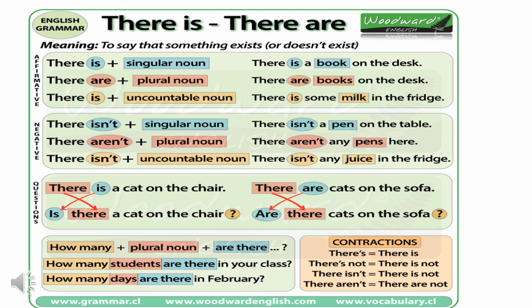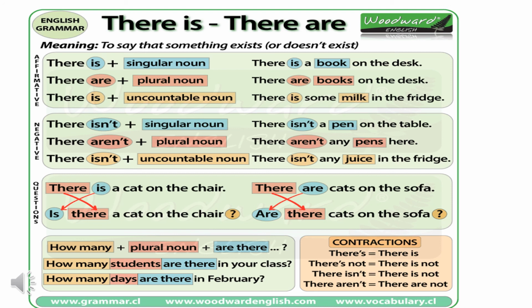Let's continue. When we look at 3, we are going to use there is a cat on the chair. Now, I want us to pose a question where we are starting with is.